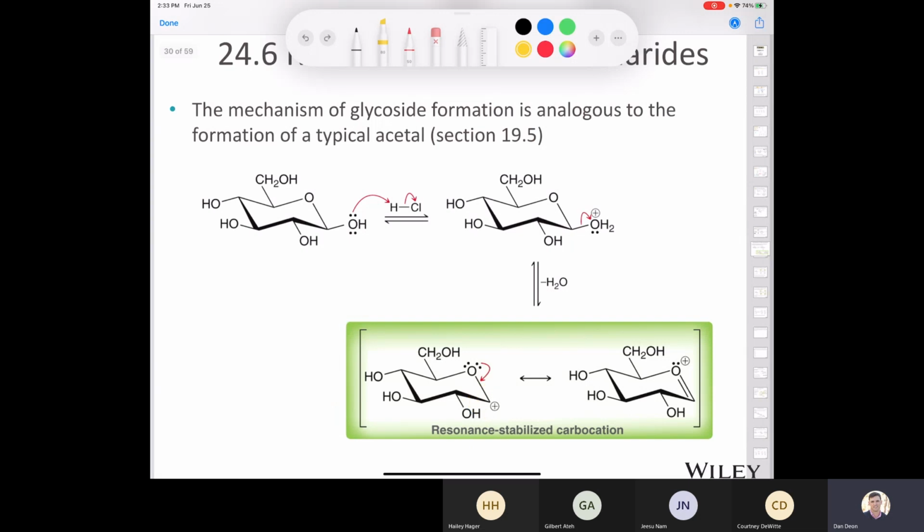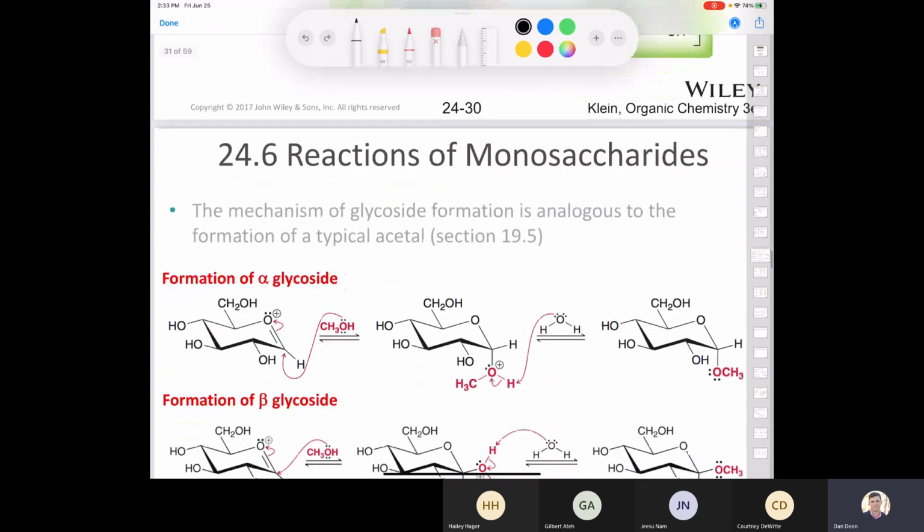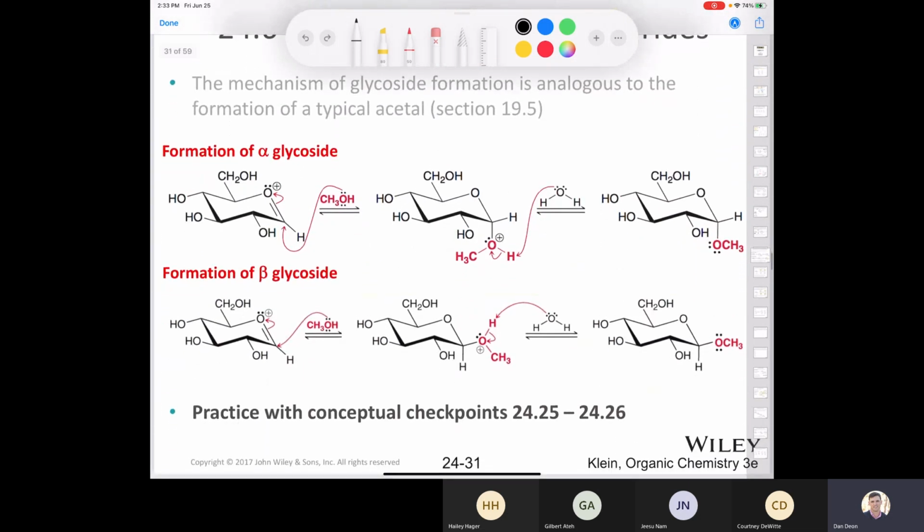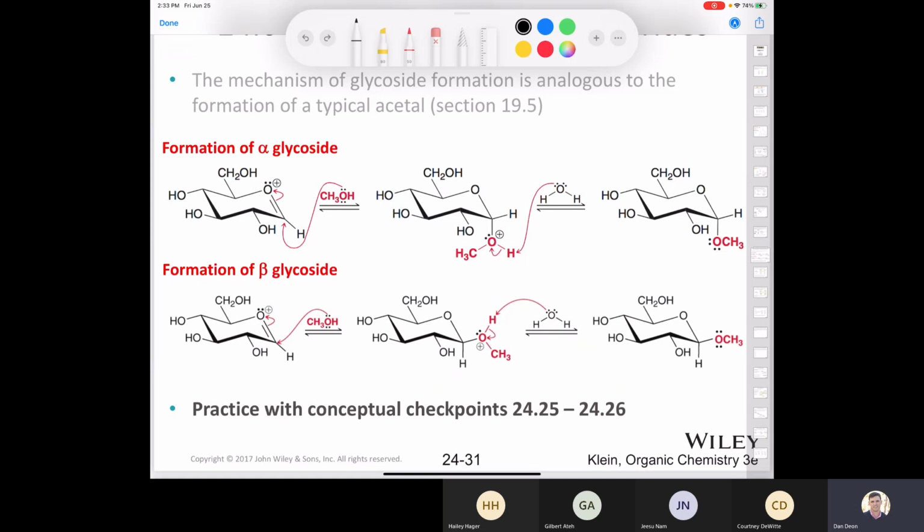So if you take a look, this carbon here is trigonal planar. And so our nucleophile, our methanol, can attack that carbon from either face of the molecule. It could attack from the bottom face, as is shown right here. You see the methanol attacking from the underside of the molecule.